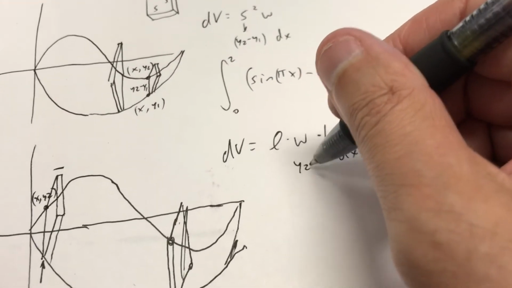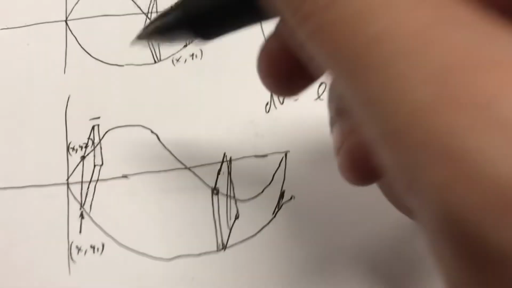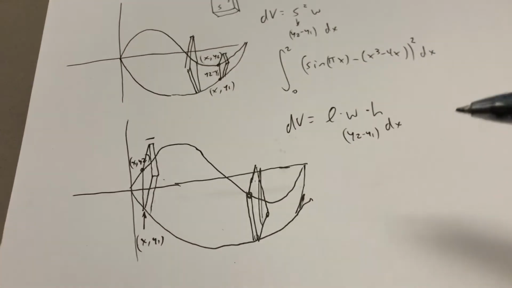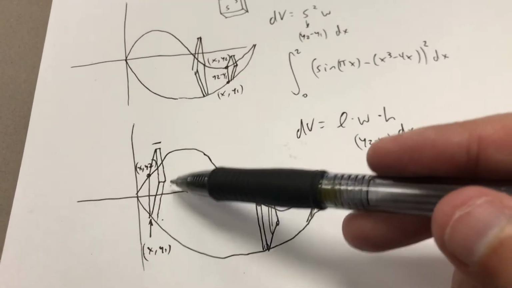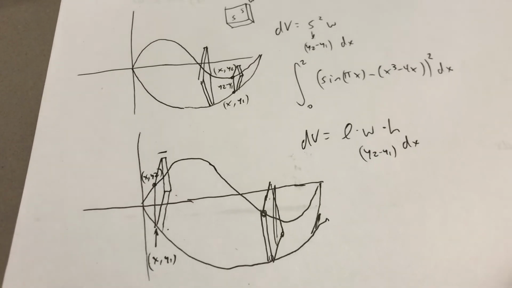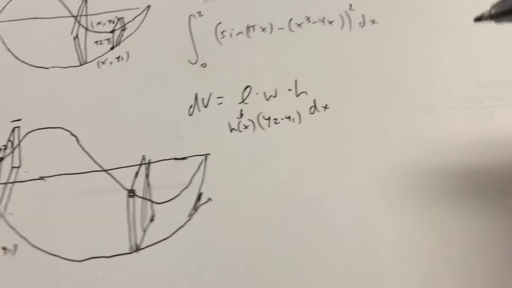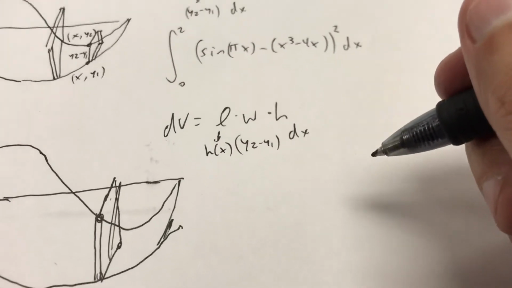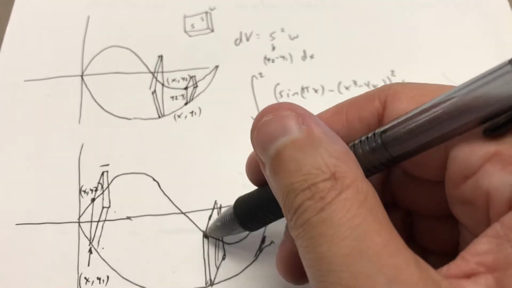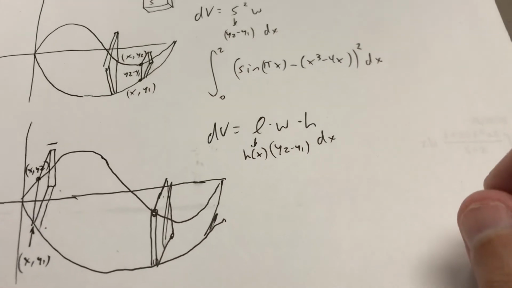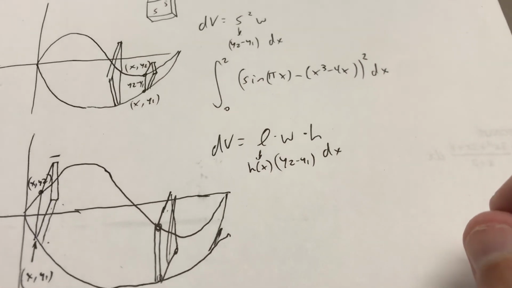The depth of it is what I'm doing here. That depth is defined by that h of x function. So I'm just going to put the h of x function in here, and that's going to give me the depth of each of these things. It'll give me one depth here, and another depth over here, and another depth over here, and that's totally fine. The integral will take all this into account.